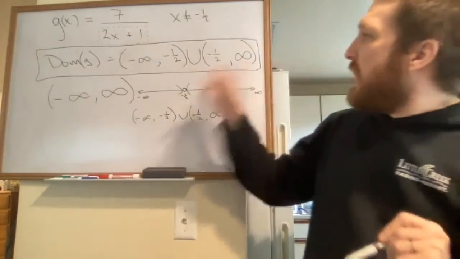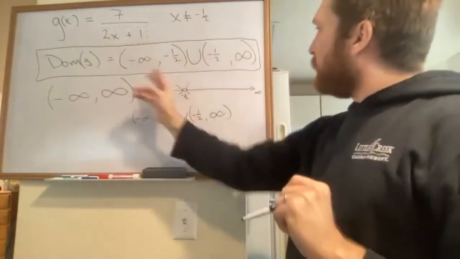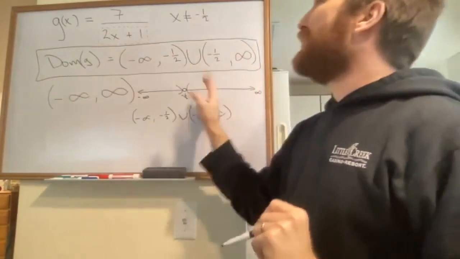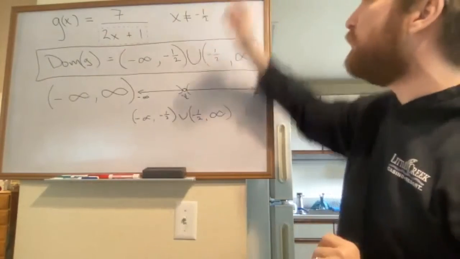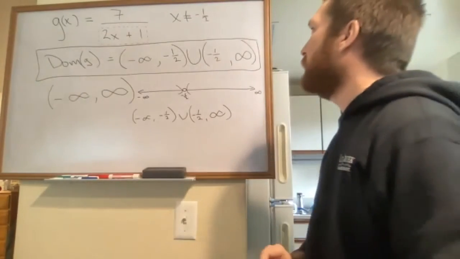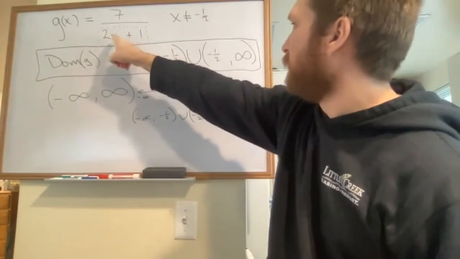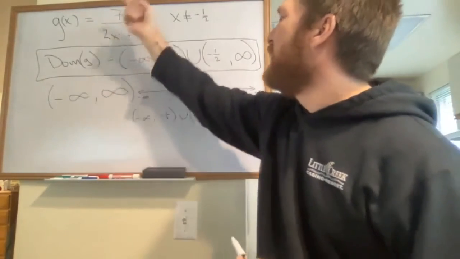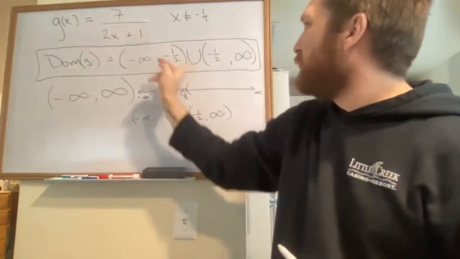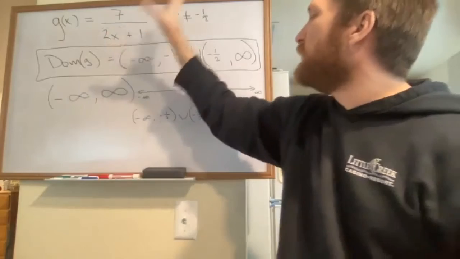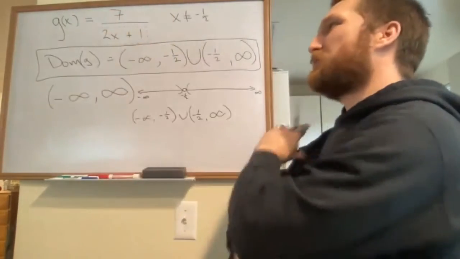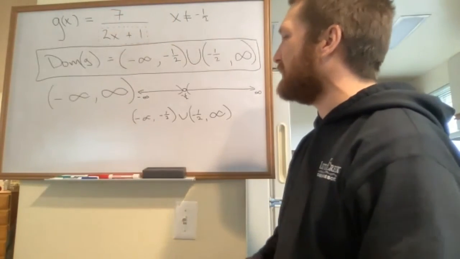This means that you could plug in every real number except for the one you pulled out, -1/2. Why can't you plug in -1/2? Because if you tried, you would have a -1/2 right there. The 2 would kill the 2, and -1 plus 1 would give you a 0 in the denominator. You cannot have a 0 in the denominator.